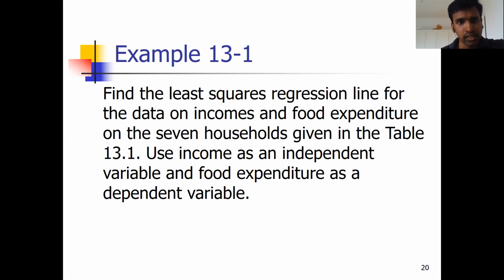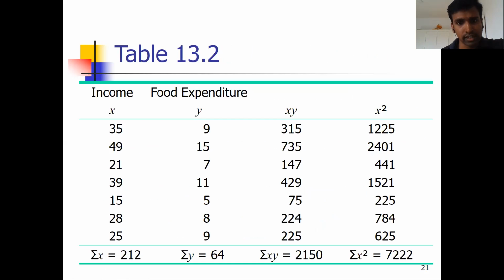Now let's get into the data to understand how these things work together. If you have a data point, you can see I have a value of x and a value of y. The sum of x is adding all the data points in x, and the sum of y is adding all the data points in y.